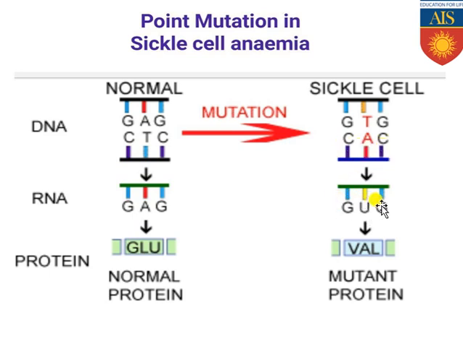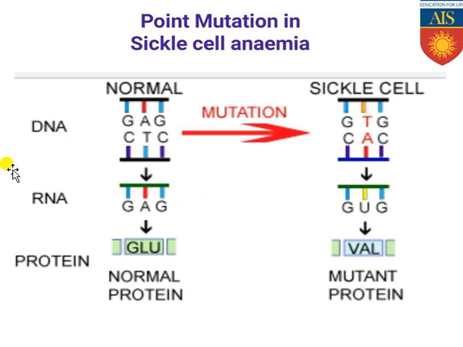Keep it in your mind, this GAG codon is exclusively responsible for coding the amino acid glutamic acid. But when it gets changed due to the mutation into GUG, automatically that will code the amino acid valine. That means the glutamic acid is replaced by valine, and obviously the protein has become mutant, and due to the presence of this valine in the place of glutamic acid, the structure of the RBC has changed into sickle shape.